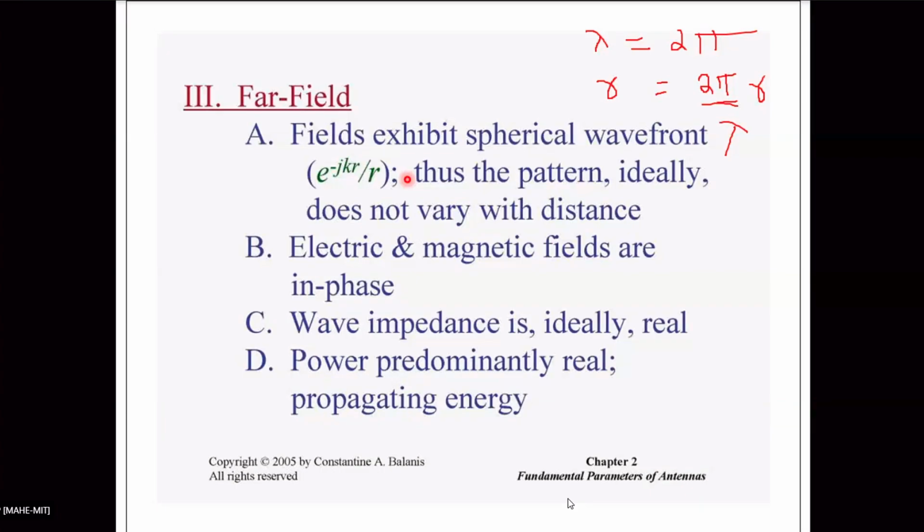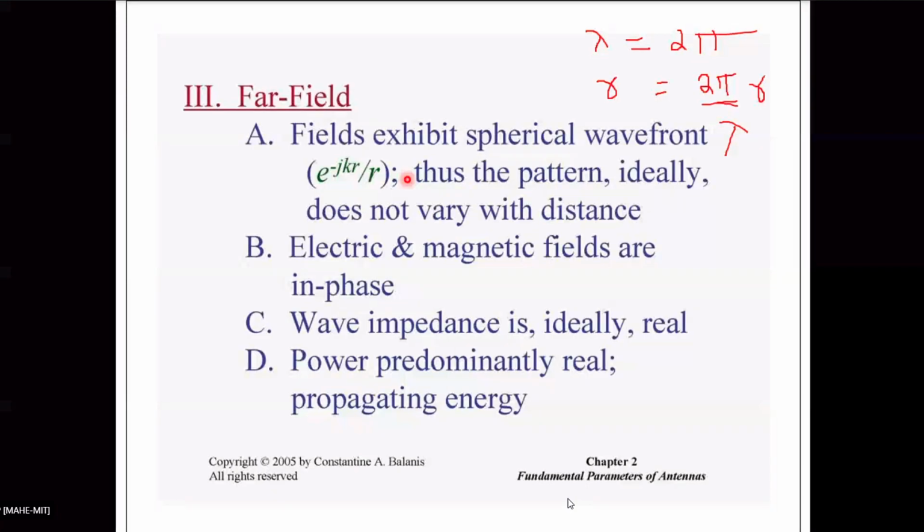So naturally power will reduce if you move far away from the antenna, because the 1 by r term is there. But the pattern will not depend on r, because the variation with respect to r is only e raised to the power minus jkr by r. Have you understood? Yes, sir.